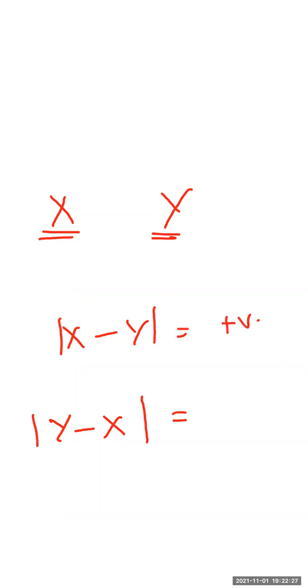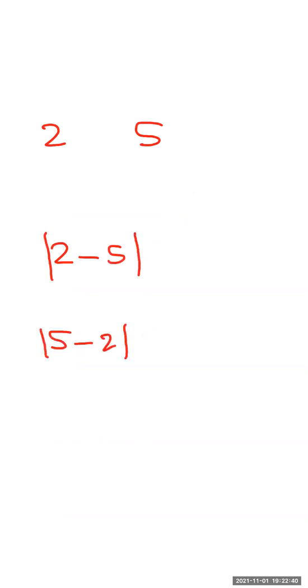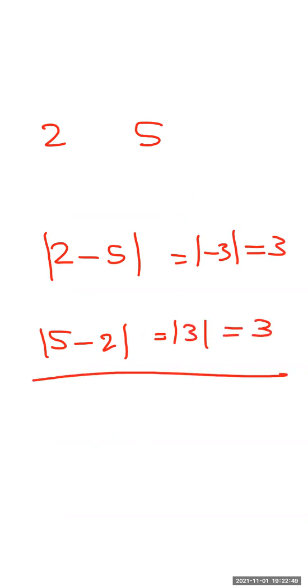So it will always be positive. So now, if I want to get the distance between 2 and 5, again, it will be 2 minus 5 as absolute value, or 5 minus 2. In this one, the absolute value of -3 equals 3. And here, the absolute value of 3 also equals 3.